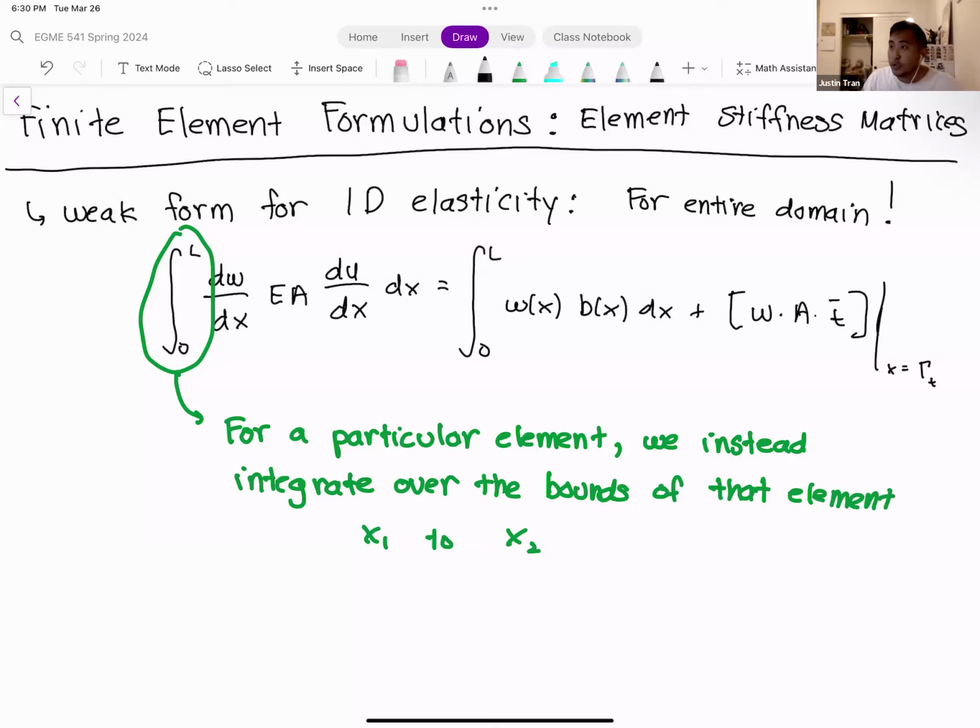Another thing that we need to do, before we start plugging in here, is we have the issue of the weighting function. For our weighting function, we're going to assume that it takes the same functional form as our solution.